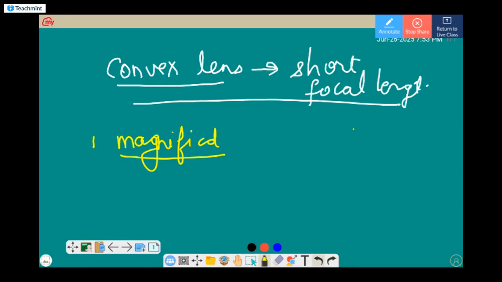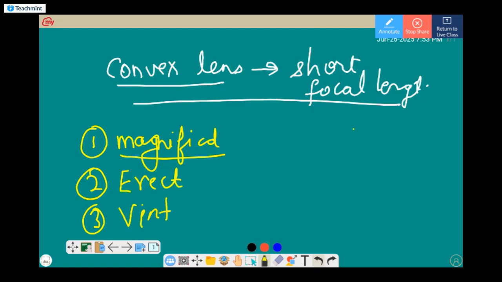So first thing, we get a magnified view. Second thing, because we're using a convex lens, we are getting an erect image. And if it is an erect image, it is going to be virtual. These three conditions are perfect to satisfy the need of a magnifying glass. And that is what a magnifying glass is.